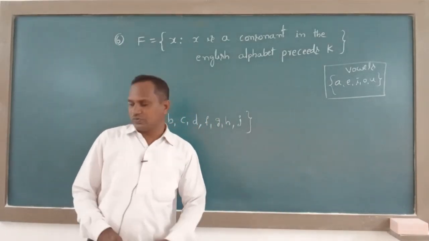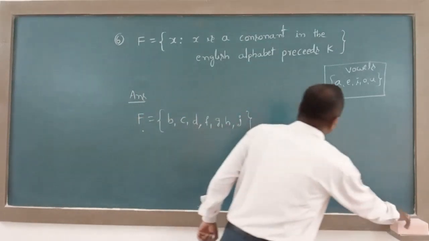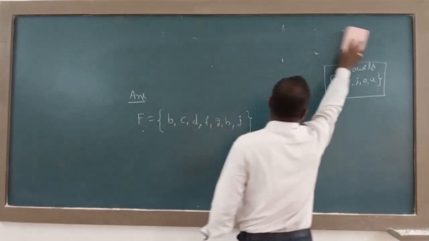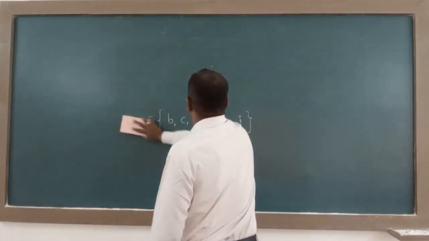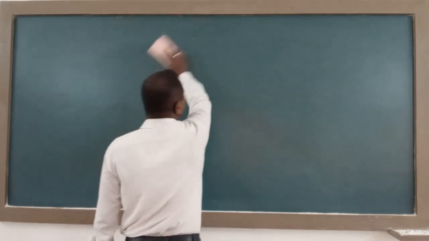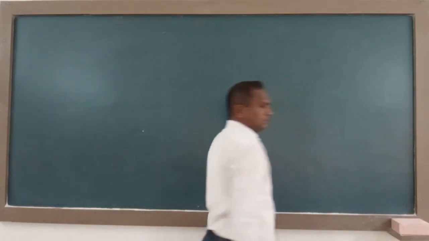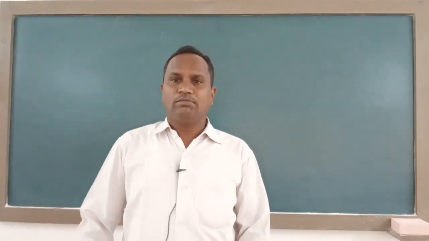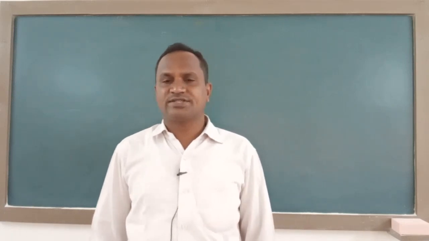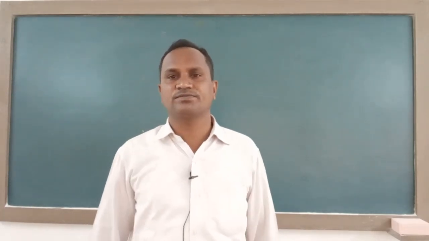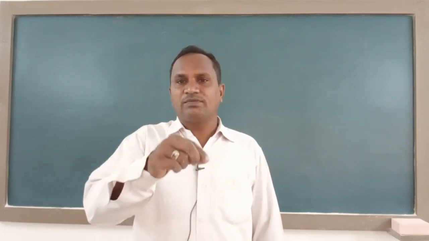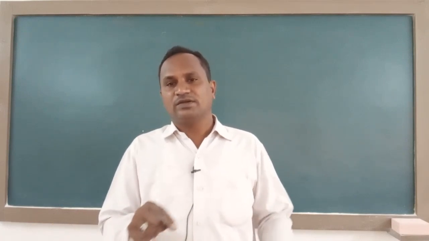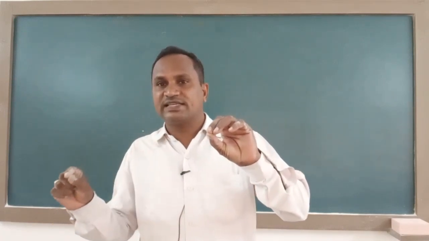Next, some more questions now. Next questions: on one side they gave some roster form sets and on the other side they gave set builder form sets, and we must match them, finding which roster form matches which set builder form.